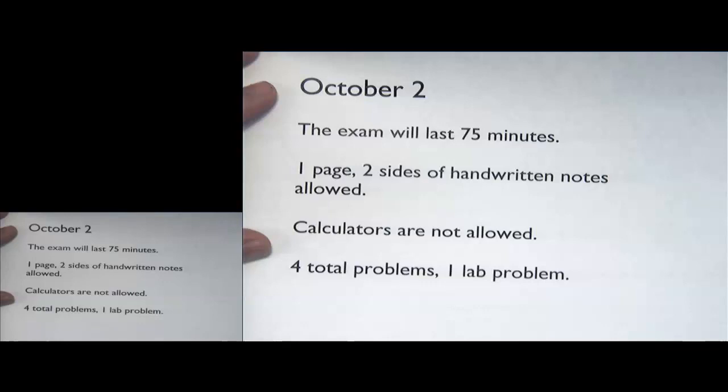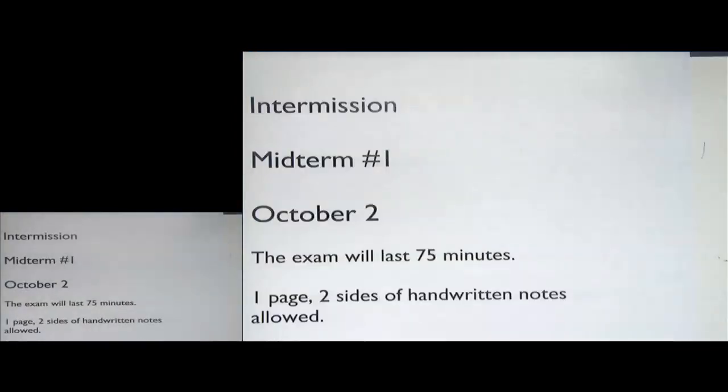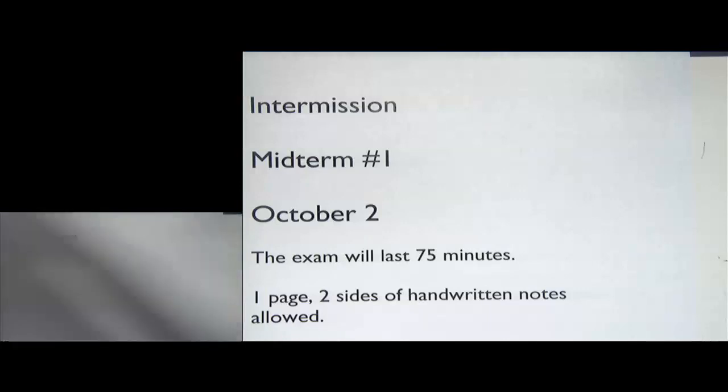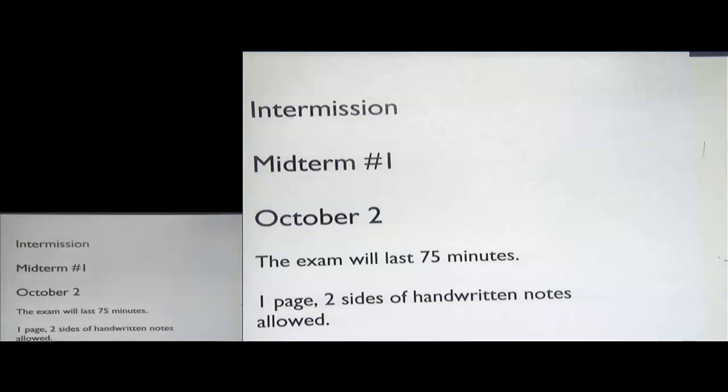Let me clarify this a bit. This here is a piece of paper. You all see this? We're using the American size piece of paper, 8.5 by 11. Don't use A4, whatever. American piece of paper here.